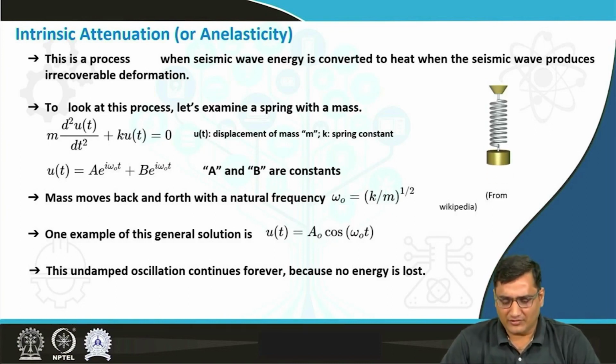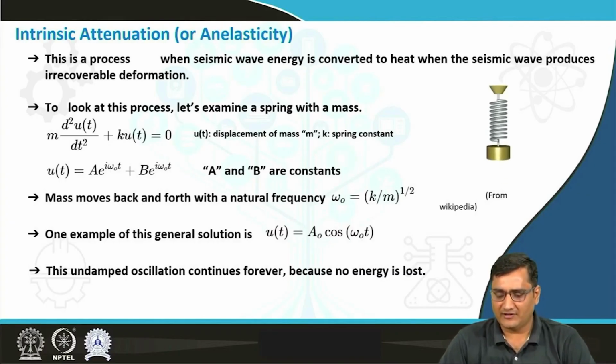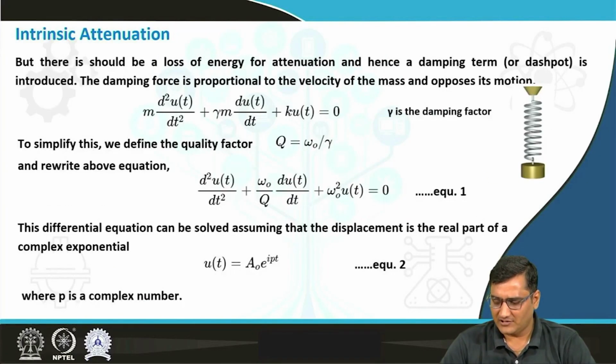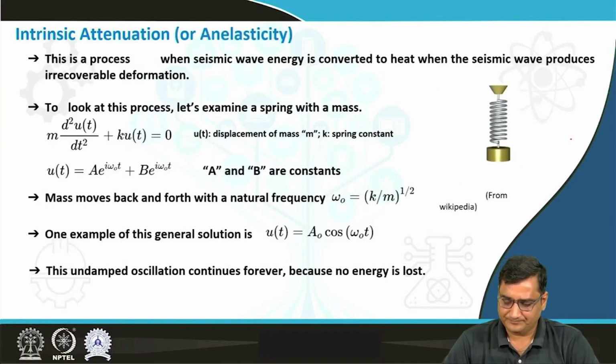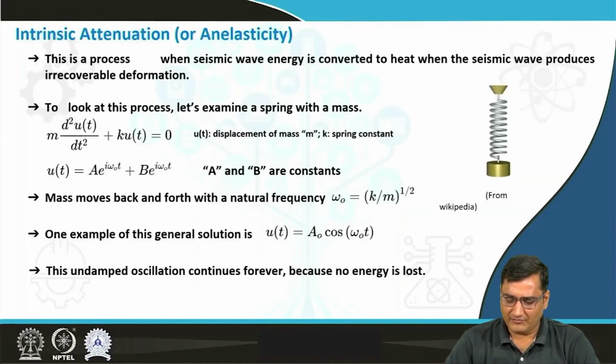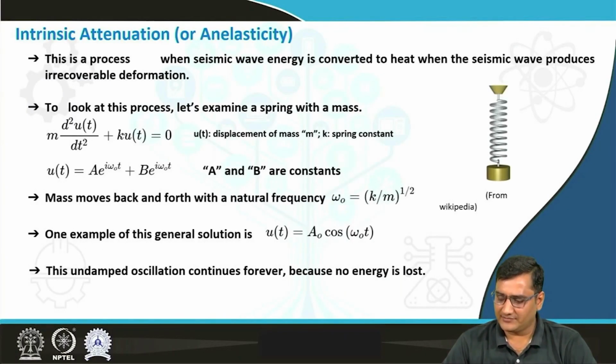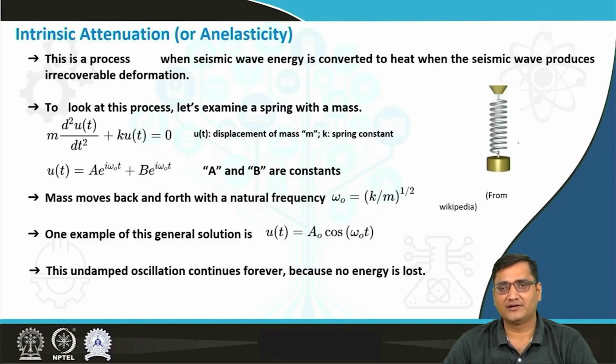So to look at this process, let's examine a case of a spring with a mass. You can see there is this spring here which is attached to a mass here. In this particular example, the spring is attached to this mass m, and the constant associated with the spring is k, that is your spring constant.